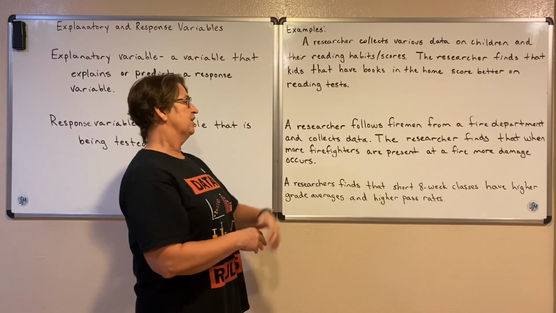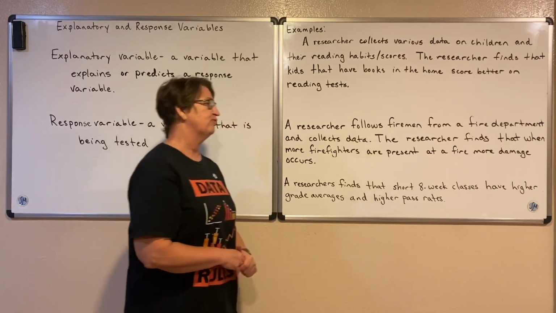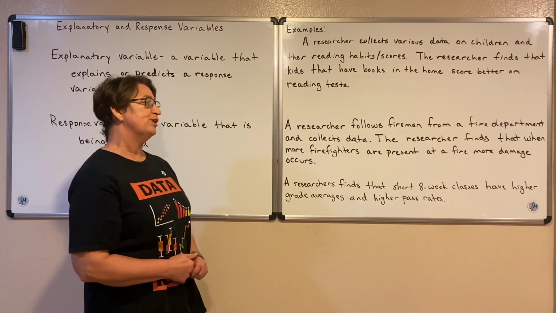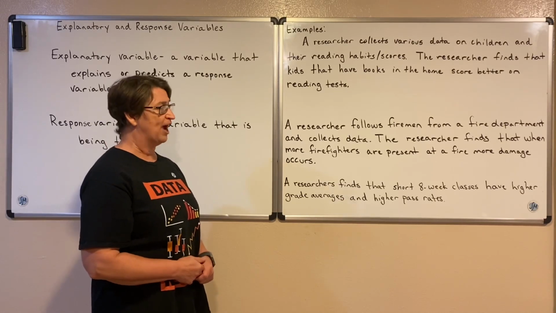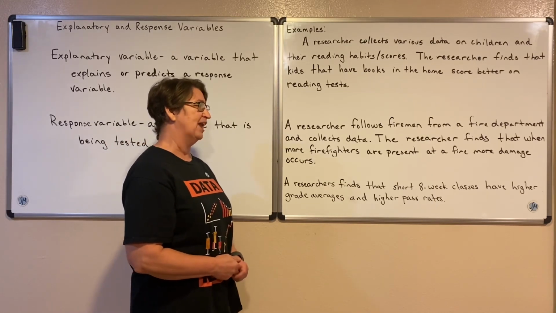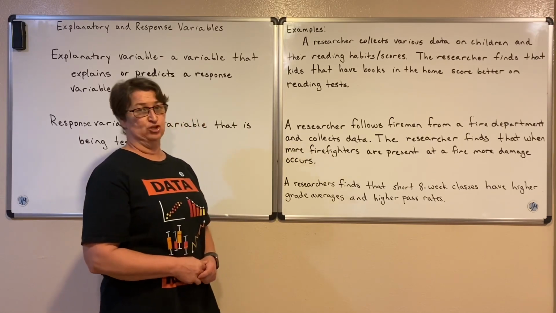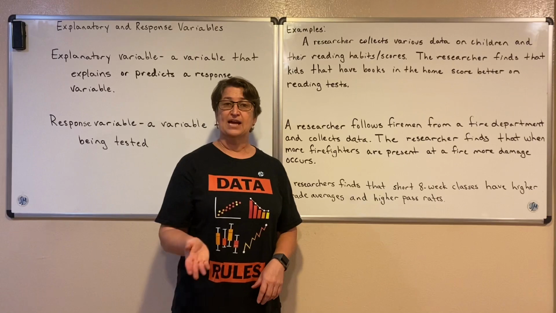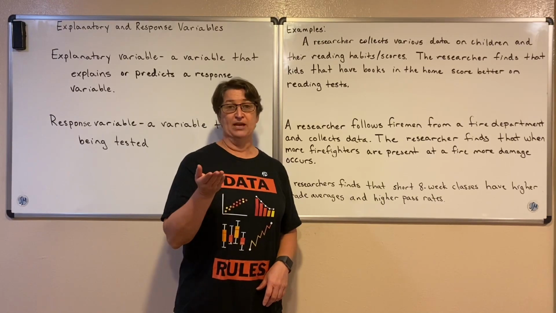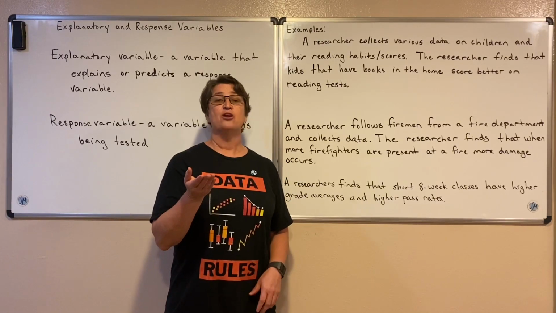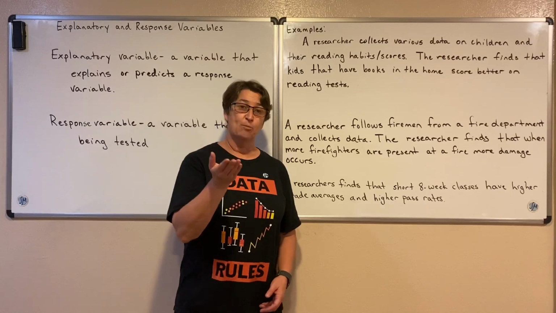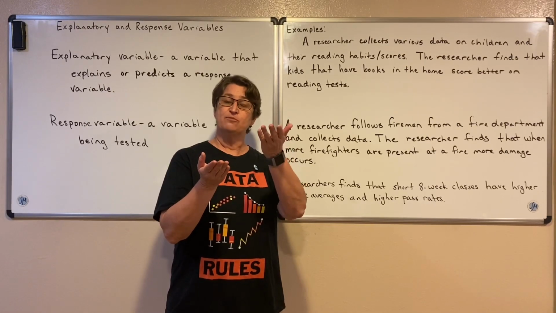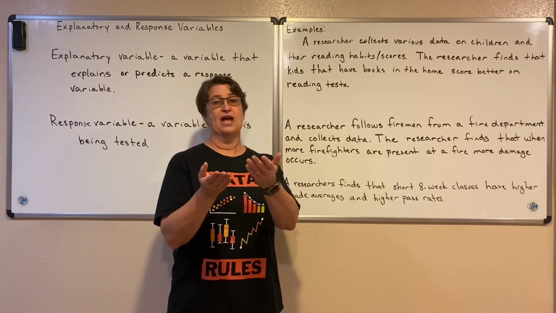Here's another example. A researcher follows firemen from a fire department and collects data. The researcher finds that when more firefighters are present at a fire, more damage occurs. So here, the researcher collects the number of firemen at a fire and realizes that that will help predict or explain the amount of damage that occurs at the fire.